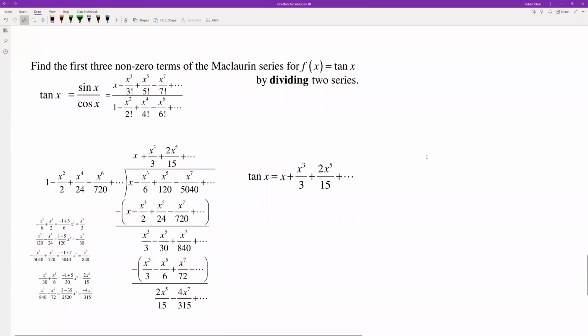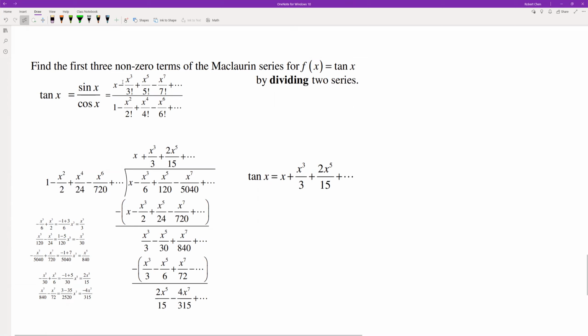In the last part here, I have included another very interesting example, pretty time consuming, so we can just take a look at this. We want to find the first 3 non-zero terms for the Maclaurin series of tangent. We know tangent is sine over cosine, and we do have Maclaurin series for sine and cosine, which are polynomials.